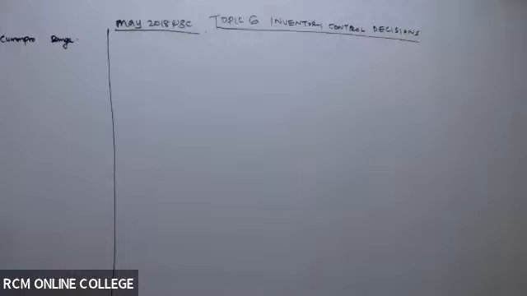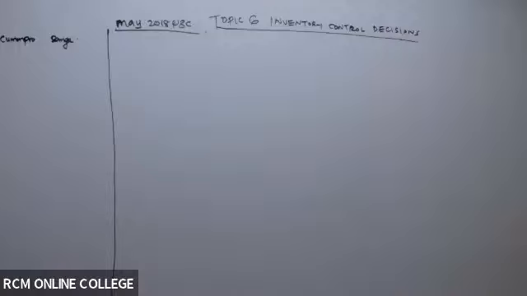Right, so for demand we have 3, 4, 5, 6, 7, 8, 9, 10, 11, 12. Then we also have lead time.